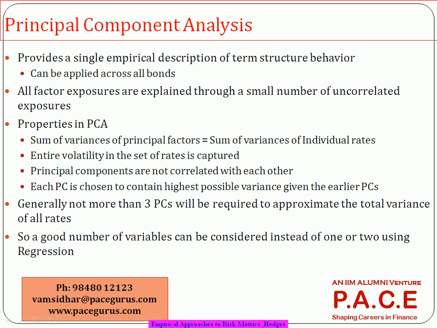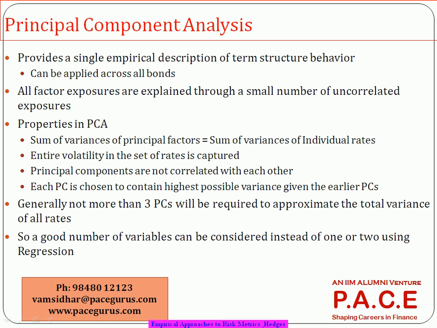There may be so many bonds available in the market. I may want to create a combination of all those bonds to hedge the portfolio which I have. If that's the case, how do I find out the coefficients of each of them?